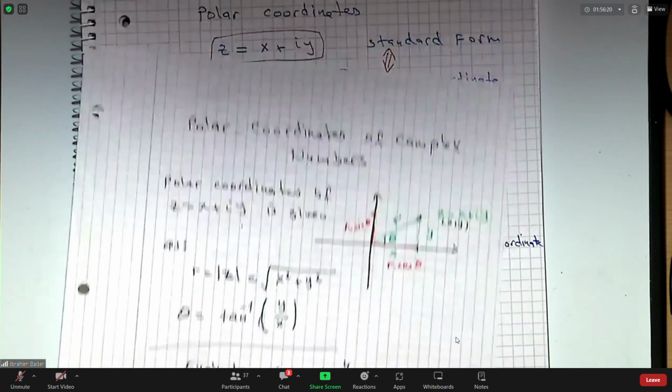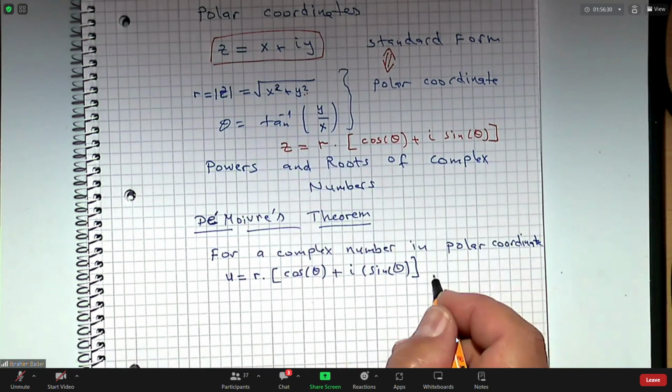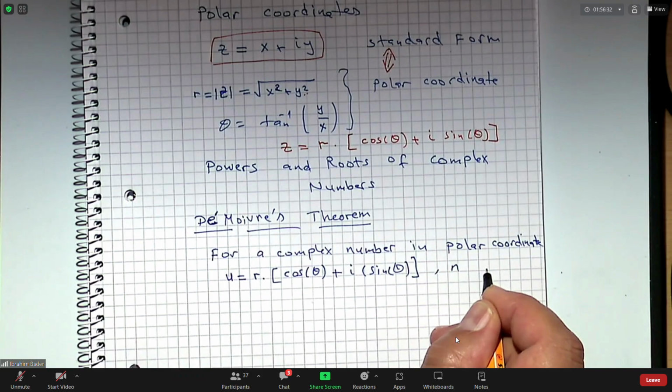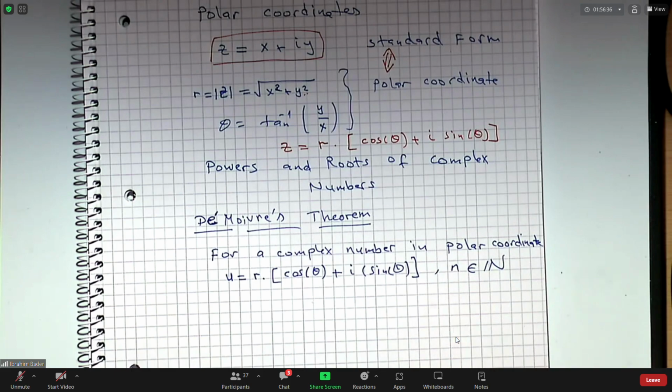Now the way out of this: there was a French mathematician, his name de Moivre. He came up with this rule, where n is a natural number.